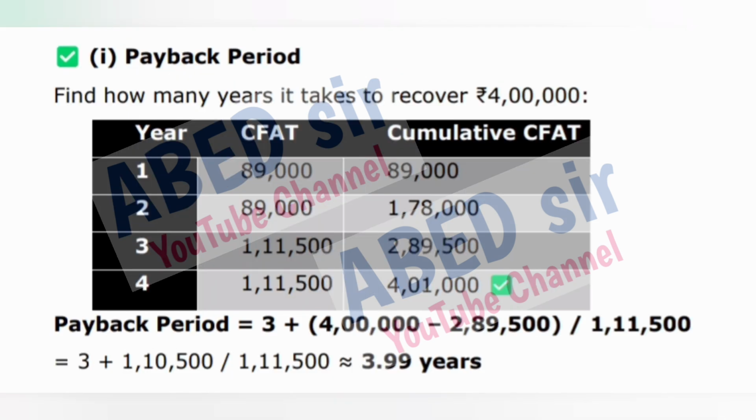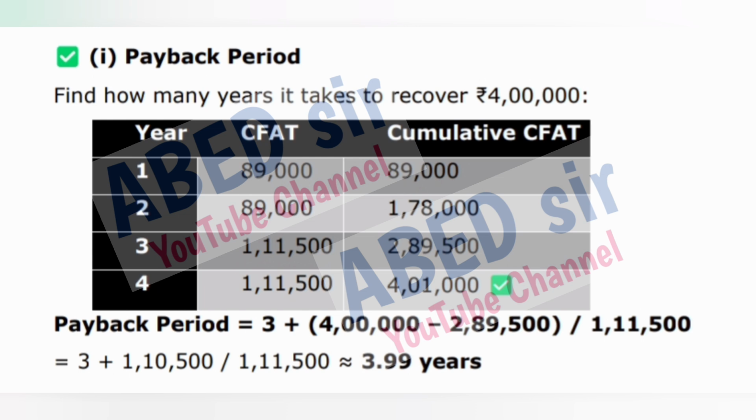1. Payback period. Find how many years it takes to recover 4 lakhs rupees. Year, CFAT, cumulative CFAT. Year 1: 89,000, 89,000. Year 2: 89,000, 1,78,000. Year 3: 1,11,500, 2,89,500. Year 4: 1,11,500, 4,01,000.